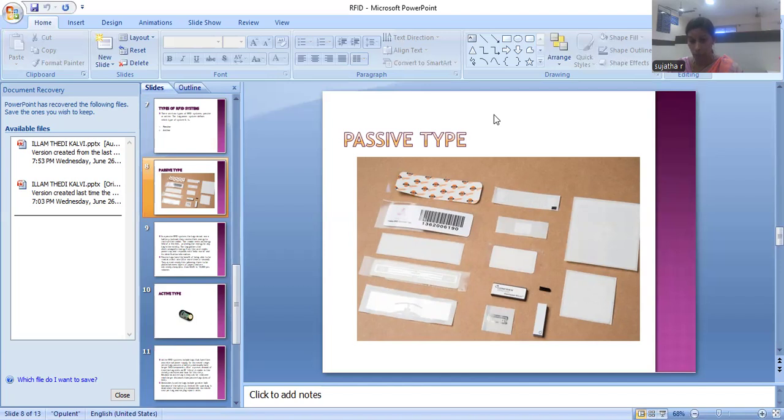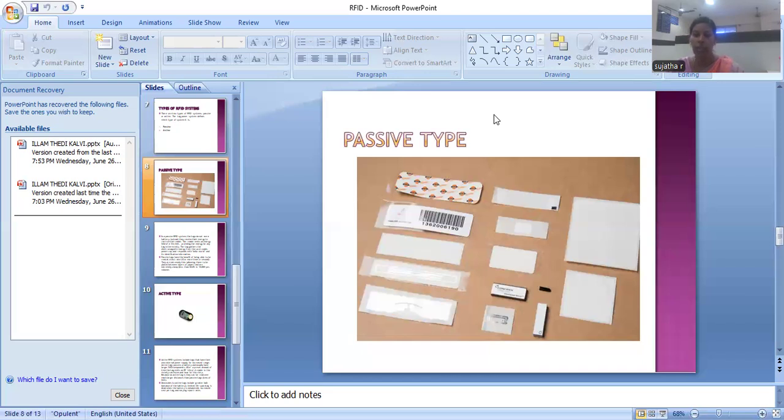Passive tags contain no batteries. They get power from the reader. Readers send electromagnetic waves that produce a current in the tag's antenna, which then powers the microchip circuits. A passive tag's read range is approximately 30 feet.